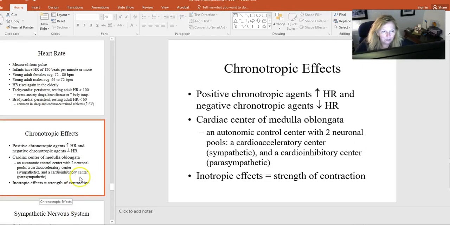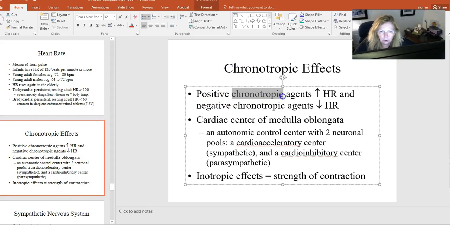There are a couple of terms here that I want you to get off of this slide. I'm not sure why this is in the title, but anyway, the two terms are chronotropic and inotropic. The term chronotropic means that this is something that is going to affect your heart rate. So a positive chronotropic medication is going to increase heart rate, or a positive chronotropic hormone would increase your heart rate, and a negative one would decrease it.